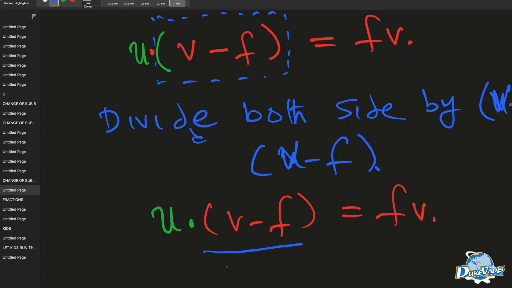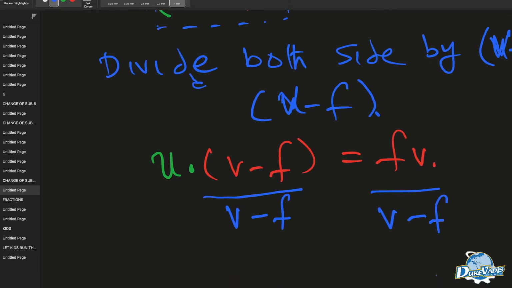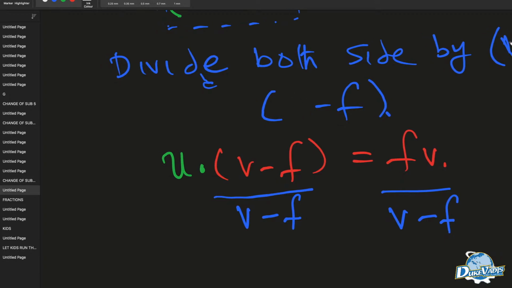So here V minus F, and here V minus F. Let me clean it so it looks very neat.